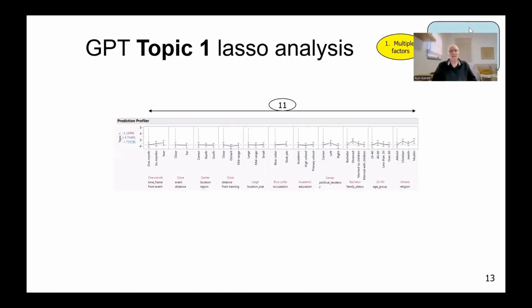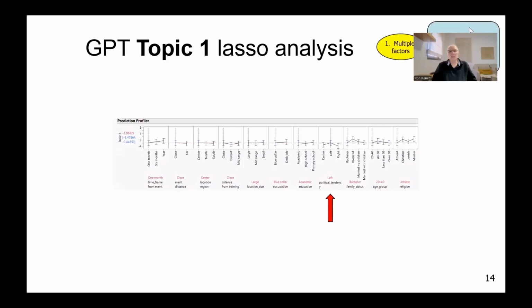We had 11 factors that showed up in the lasso analysis that we did, and you can see the effect of the political tendency through the profiler. If you look at left, their responses are more belonging to topic 1 than center and right views.